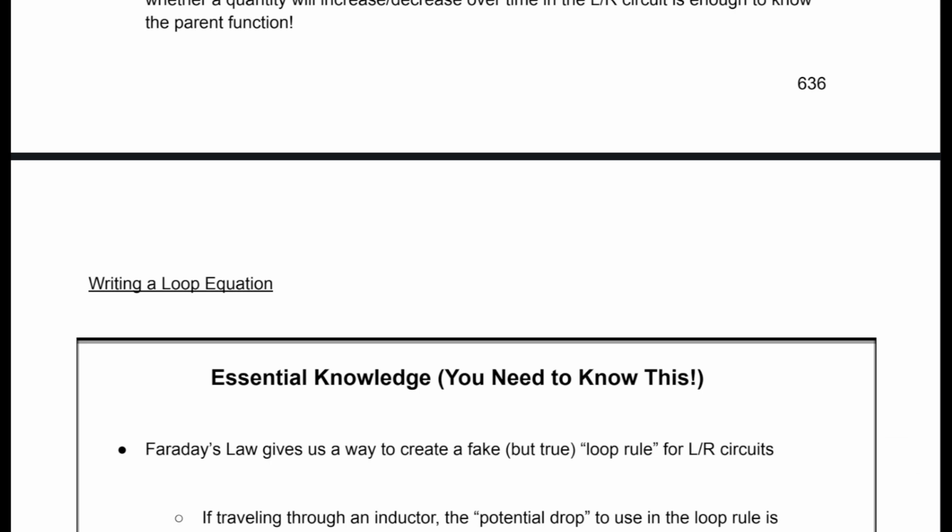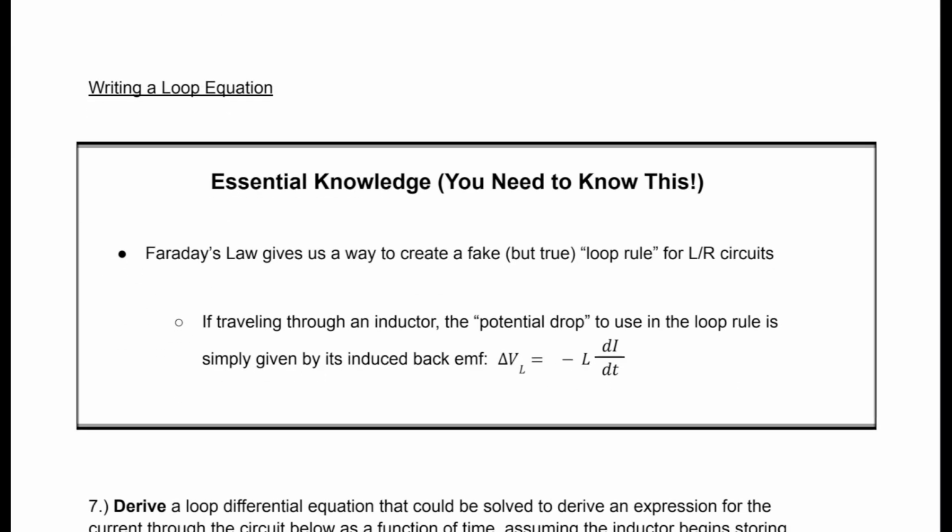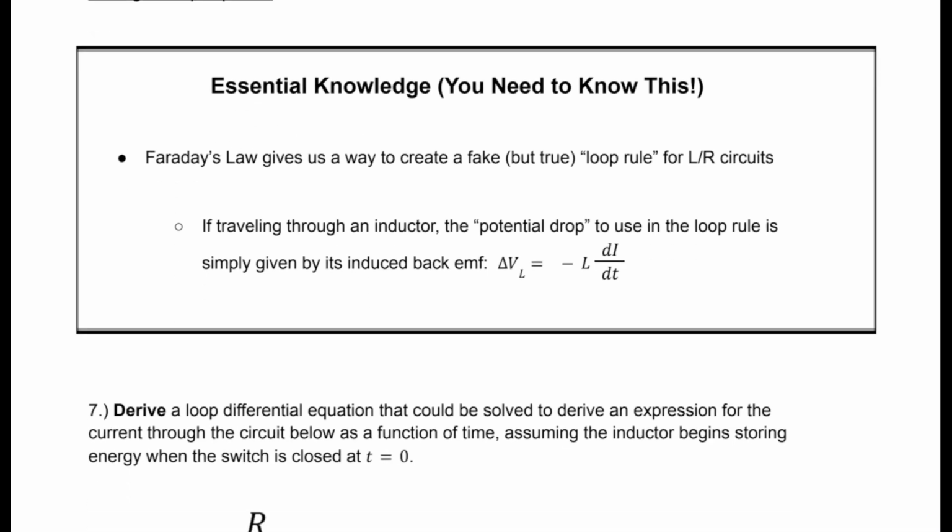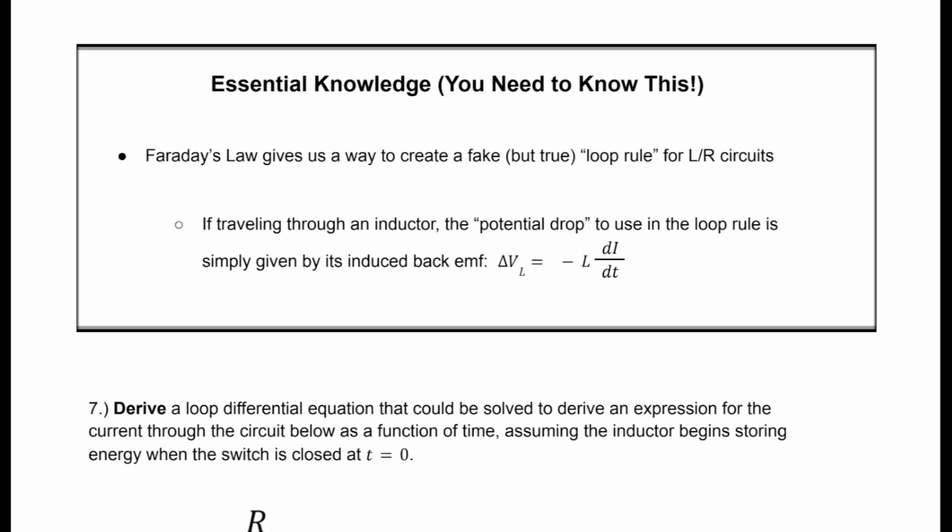So for our loop equation, technically Kirchhoff's voltage rule doesn't apply if there's a magnetic flux change, but due to how magnetic flux is defined, we actually get the induced EMF to be equal to the voltage drop across an inductor. So it's totally fine to just interpret what we're doing as the loop rule.